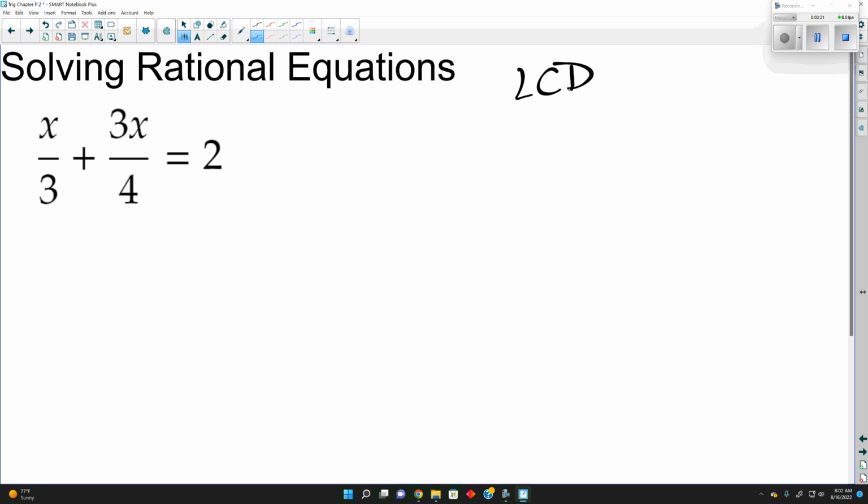We're going to multiply the entire equation by a number or a variable or both to get it to simplify. Because if I can multiply the 3x over 4 by a single number and get that to go away, it's going to make it easier to work with.